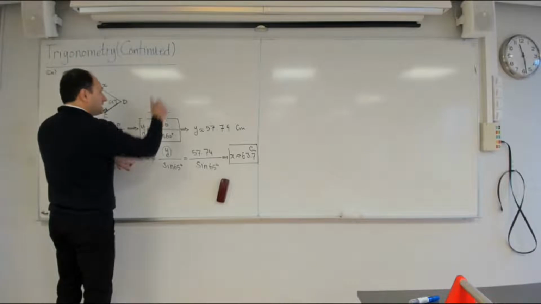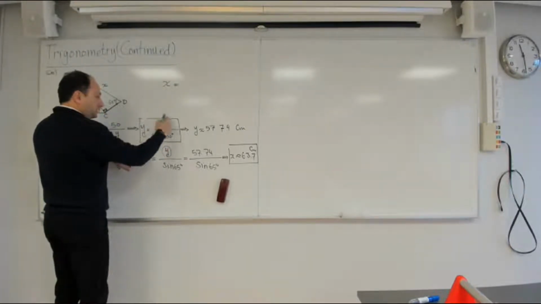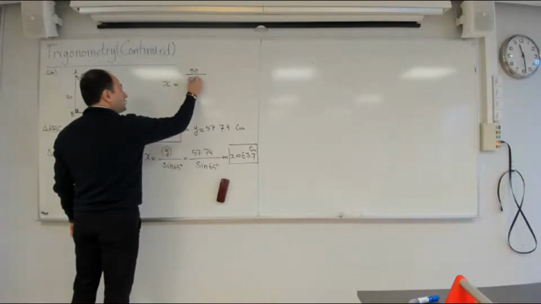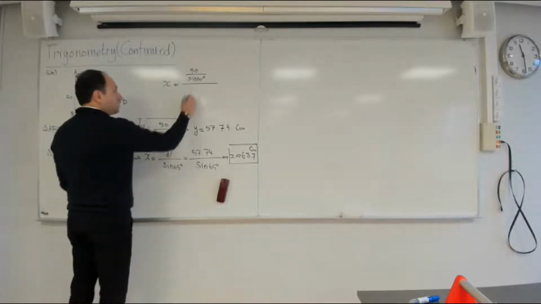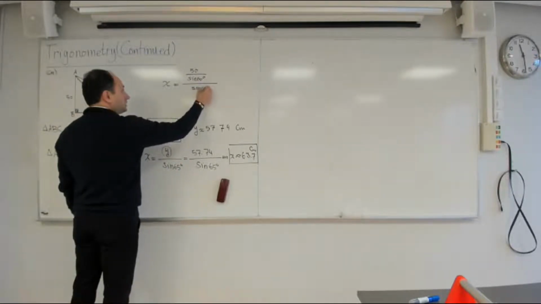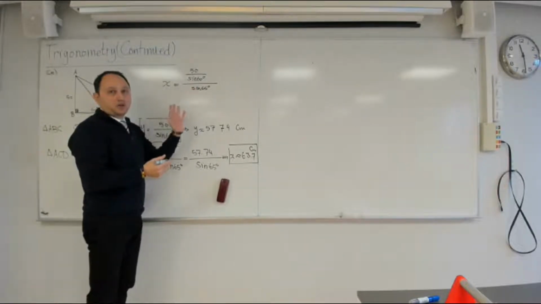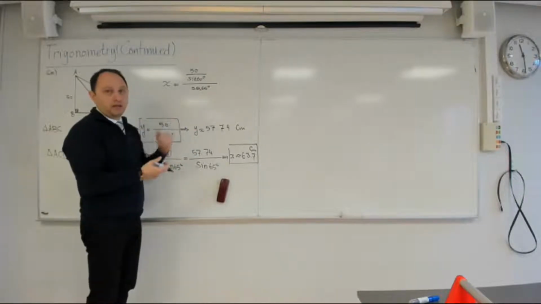I would say that x is equal to, instead of y, I can put this expression. So it becomes 50 divided by sine 60 degrees, divided by sine 65 degrees. Yes? So I want you to learn that there is nothing mysterious about sine, cosine, and tangent. They are just numbers expressed in a symbolic way.